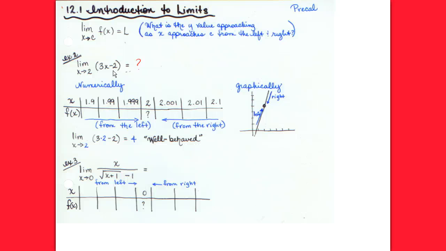So when we approach these limits, we're going to approach them in as many ways possible. We're going to look at them algebraically by using an equation. We're going to look at them numerically with a table of values, and we're going to look at them graphically as well. So when I have the limit as x approaches 2, what I'm saying is, here's my x value of 2 right here.